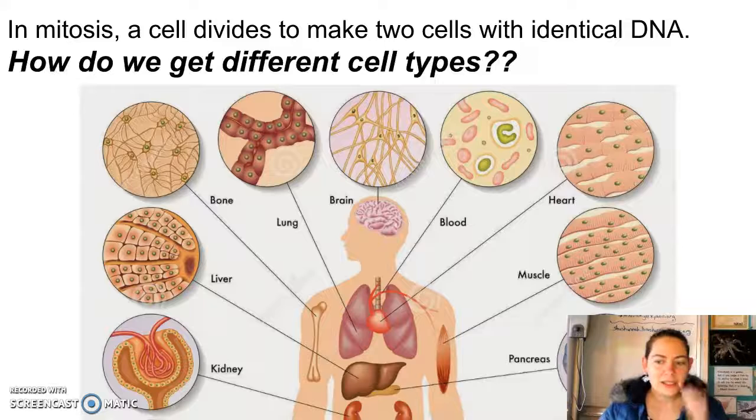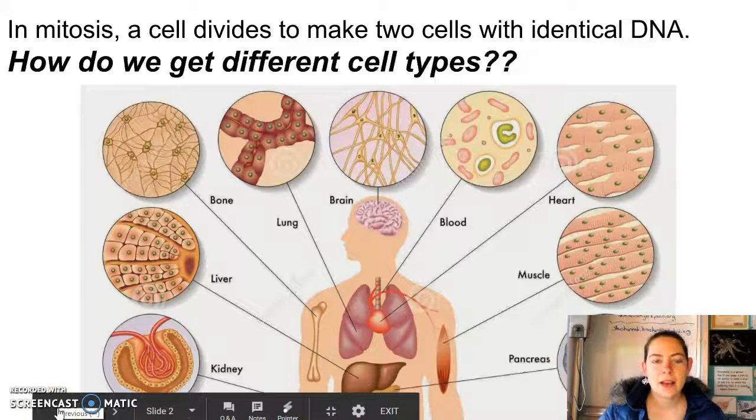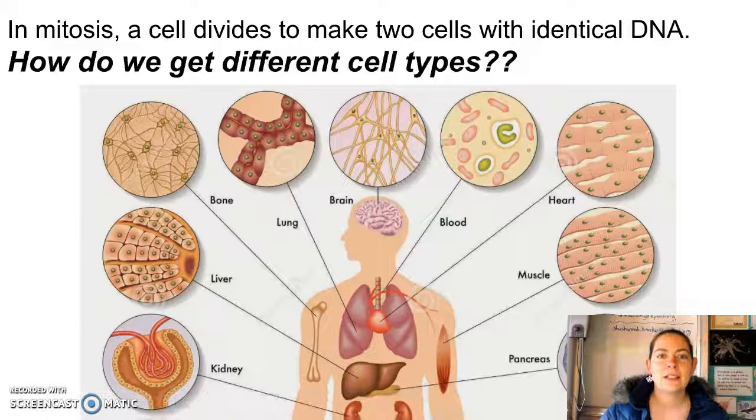So we just learned about mitosis, and in mitosis a cell divides to make two daughter cells with identical DNA. So essentially in mitosis on your answer sheet, a cell divides to make two identical daughter cells. So my question to you is, how do we get different cell types?